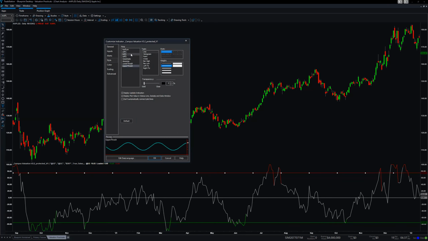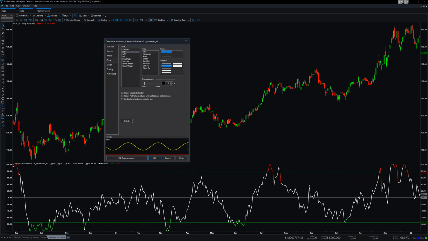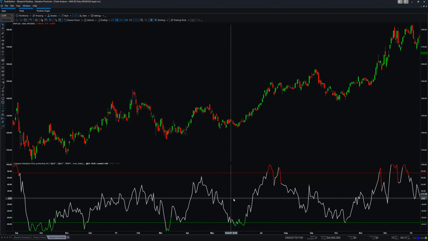I could also make the diff 1, which is the reference symbol 1, a bit bigger as well, a bit thicker here. And then I could also say, well, what about the 0 line, which is the median? I want this to be dotted. And I want to put all this as default. Now you have it dotted, and now it looks exactly like I have it on my screen.